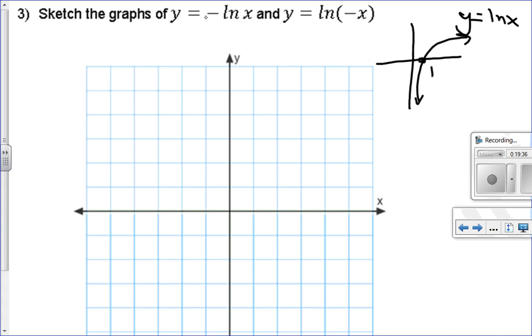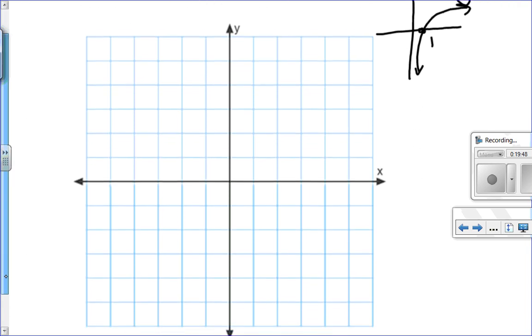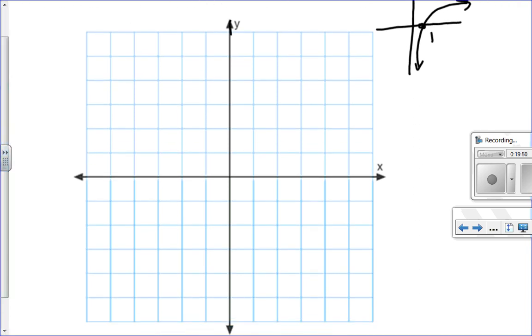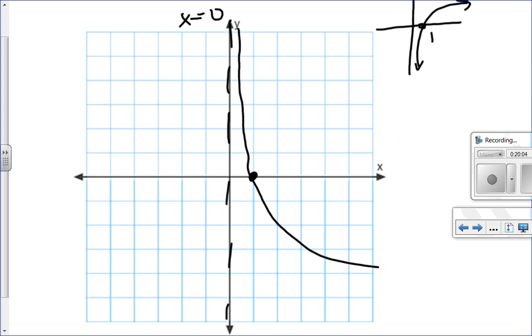So when I look at ln x multiplied by negative 1, that is a vertical reflection. So instead of being an increasing graph, it's going to be a decreasing graph because it will be reflected in the x-axis. So I still have my vertical asymptote at x equal to 0. I still have an x-intercept of 1, but if I'm vertically reflecting it, it just means that I'm going to go something like this, where it's decreasing.